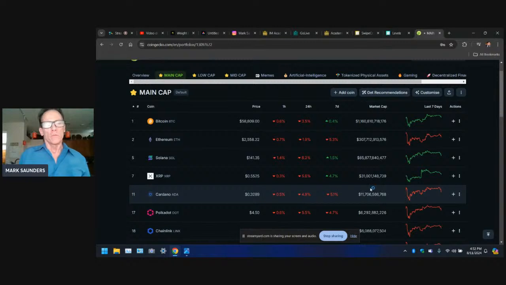So for me right now, I started with what I feel was the top 15 main cap. If you took the whole market and took the main cap category inside of digital assets, and then you pick the top 15, those are my favorite picks that I'm basically betting on, that are going to be here 5 years, 10 years, longer, hopefully, down the line.